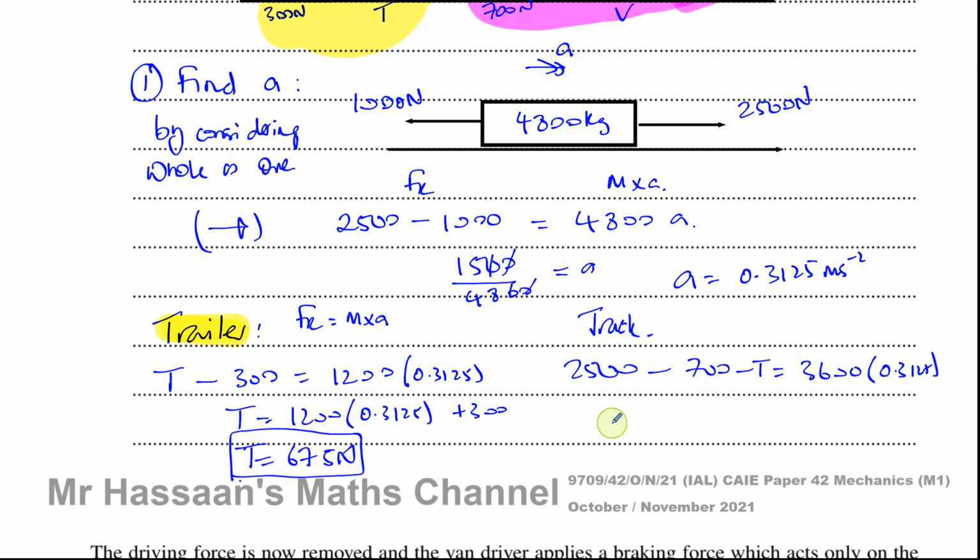So T is going to be this minus that, because I add T to both sides and subtract that from both sides. So 2,500 minus 700 is 1,800, minus 3,600 times 0.3125.